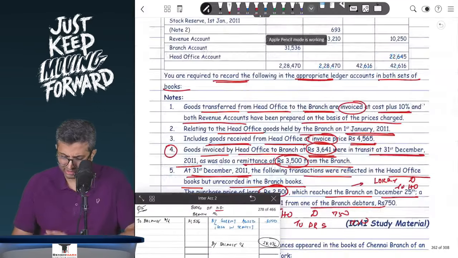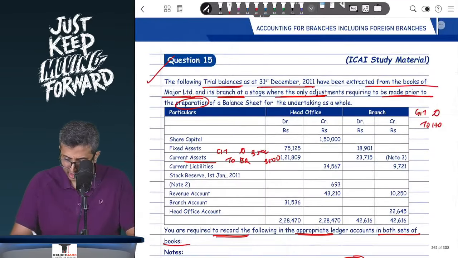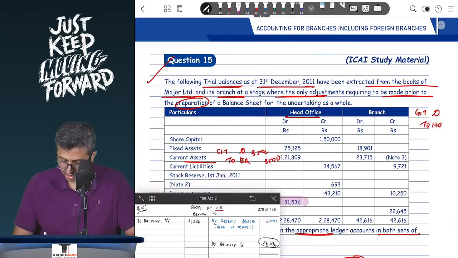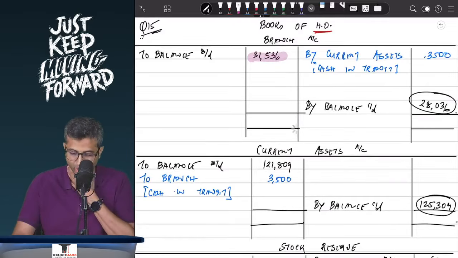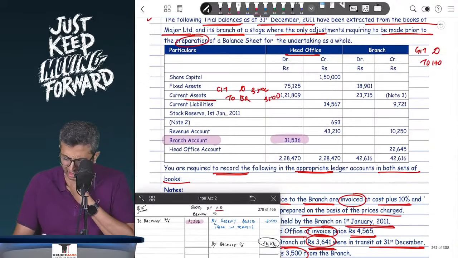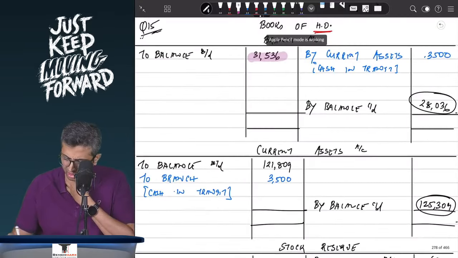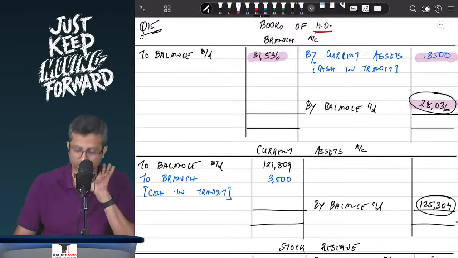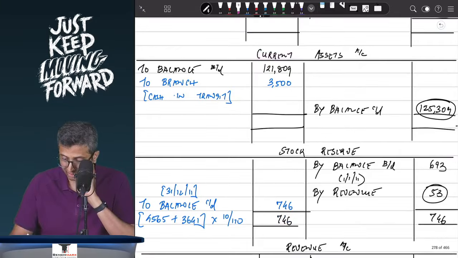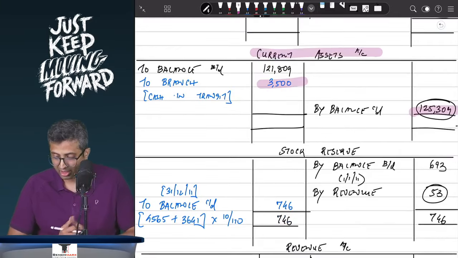So let us focus on the books of the HO only. First, in the books of the HO, you will have the branch account, 31,536. Over here you will record a cash in transit of 3,500, and that is about it. So this is 28,036. In my current assets also, that same cash in transit will be recorded. So this is 125,039.